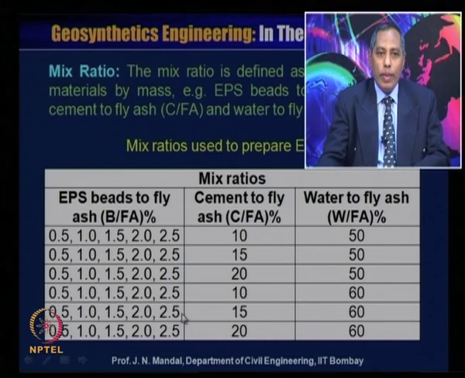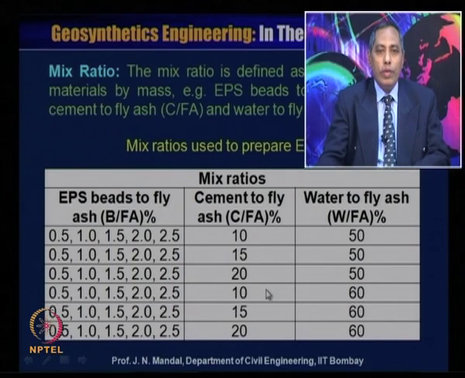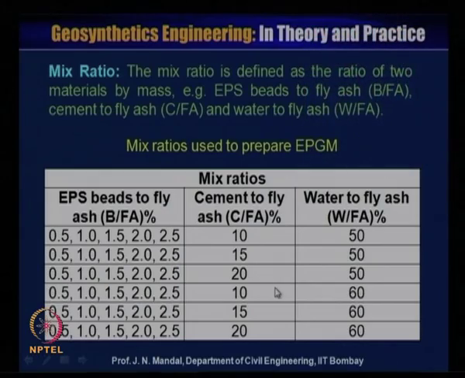Then again, EPS bead to fly ash, B by Fa, is the same and cement to fly ash ratio is kept the same, that is 10, 15, 20, but the water to fly ash ratio has changed to 60 percent. This way, this mix ratio is used to prepare the EPGM.